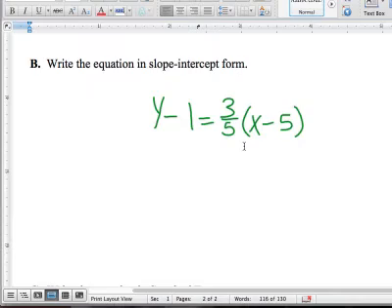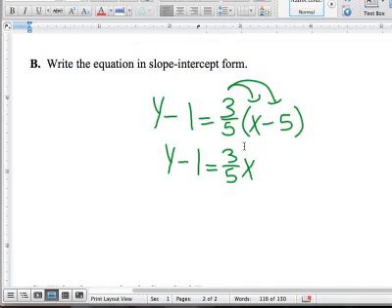But before we can do that, we have some parentheses to take care of. So the first thing you have to do is the distributive property. We're going to distribute 3/5 to the x and to the -5. So we get y minus 1 equals 3/5 times x is 3/5 x, and 3/5 times -5. Anyone know what that is? What is 3/5 of 5? It's -3.